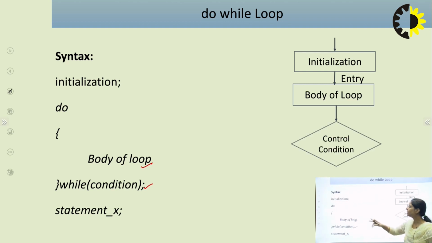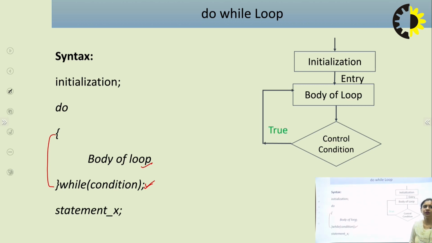When we initialize the variable, the body of the loop executes first. Since the body of the loop executes first and then the condition is checked, this loop helps in the execution of the program at least once. Even if the condition is false, this loop will execute once. And once the condition is checked in the while, only then will the exit from the loop happen.